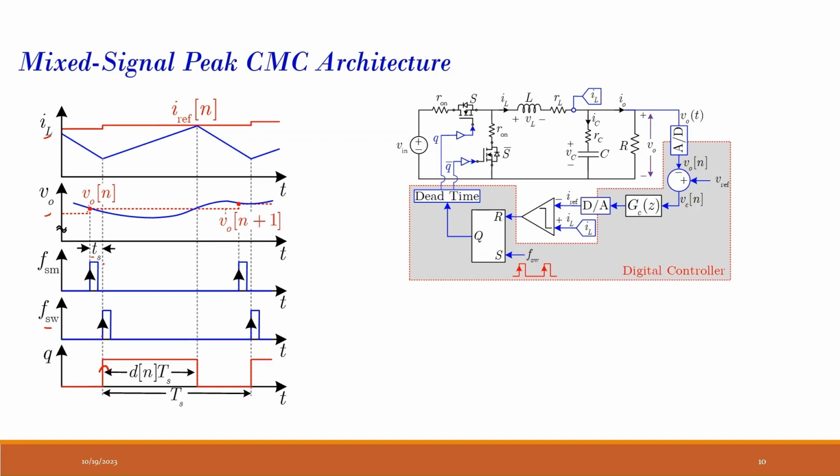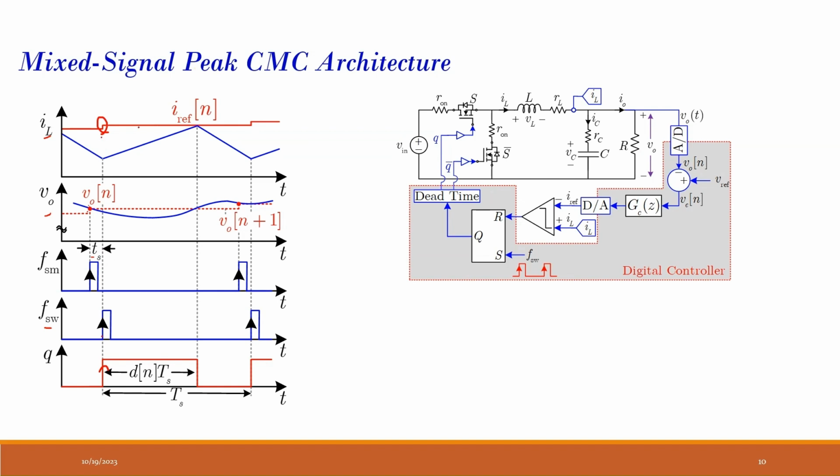This TS is the time I have provided for my controller to process that sample and generate a digital value corresponding to the sample through the ADC, and then that will pass through my controller, which has its own number of computation cycles, etc., to generate my reference value, and my reference value gets updated over here. So this much is my delay.